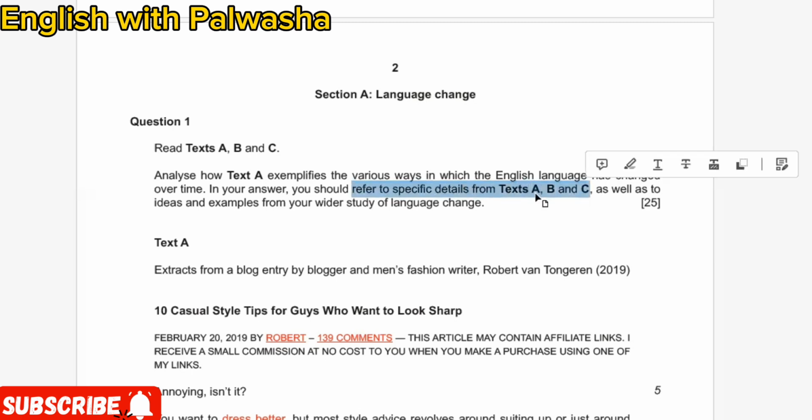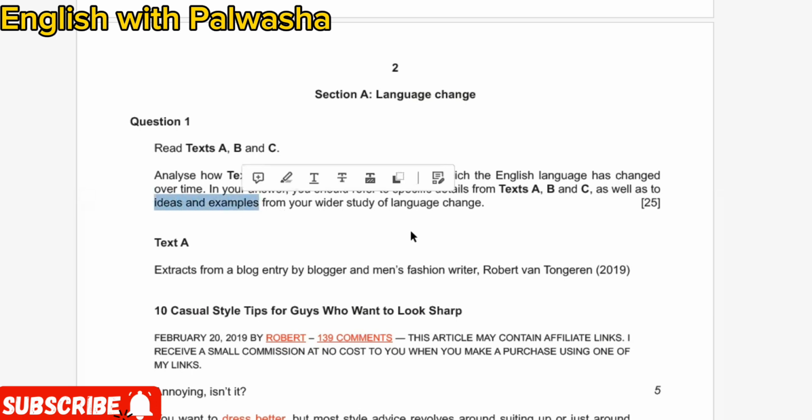Like we have to read the paragraph as well. We have to read text A, and we are going to extract some of the information from text A and then from the C part as well. All right, as well as to ideas and examples. Whatever prior knowledge we have, we are going to embed that, and examples from your wider study of language change. All right, whatever we have till now.